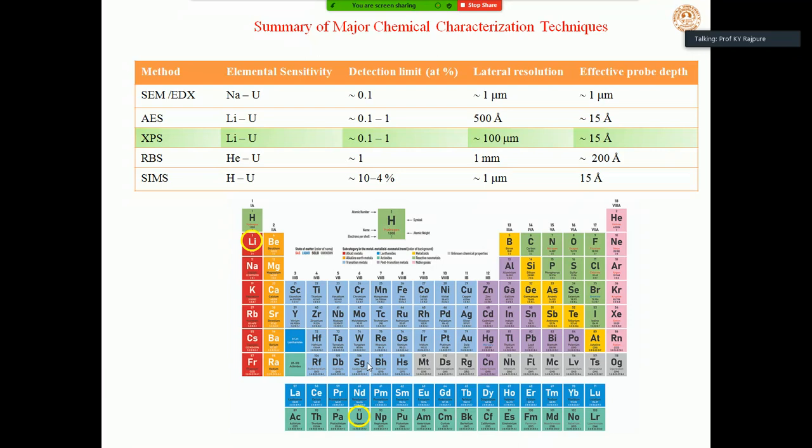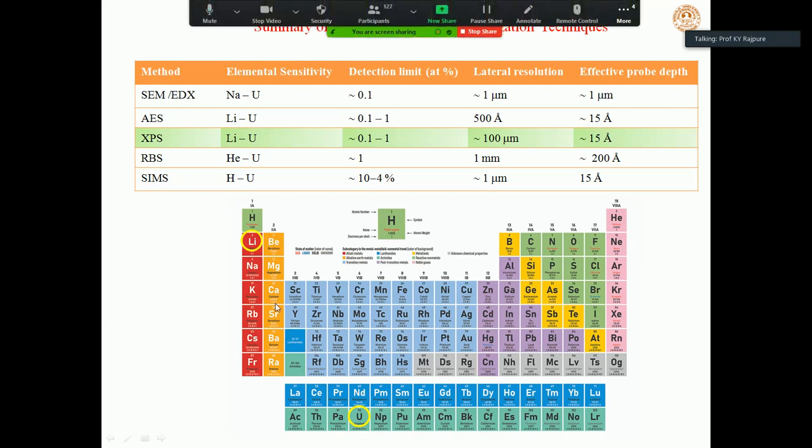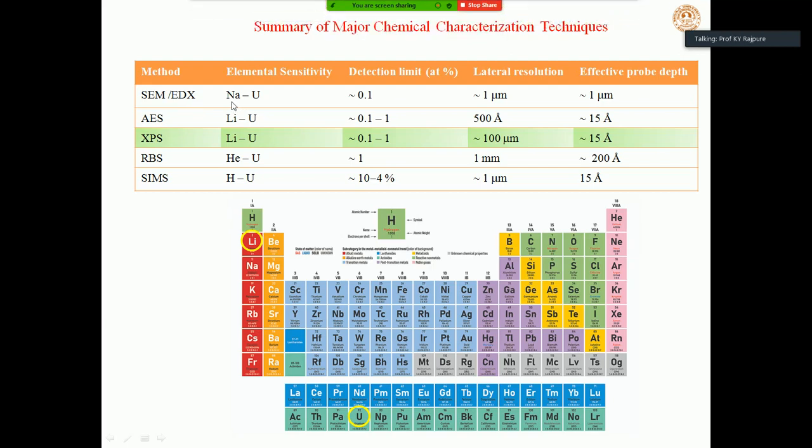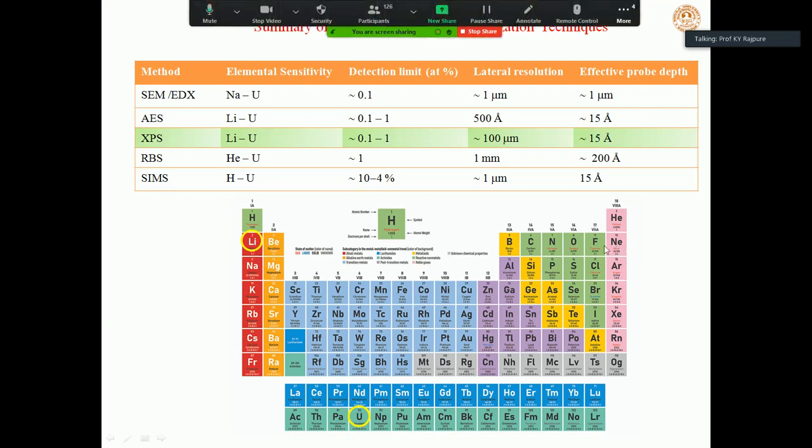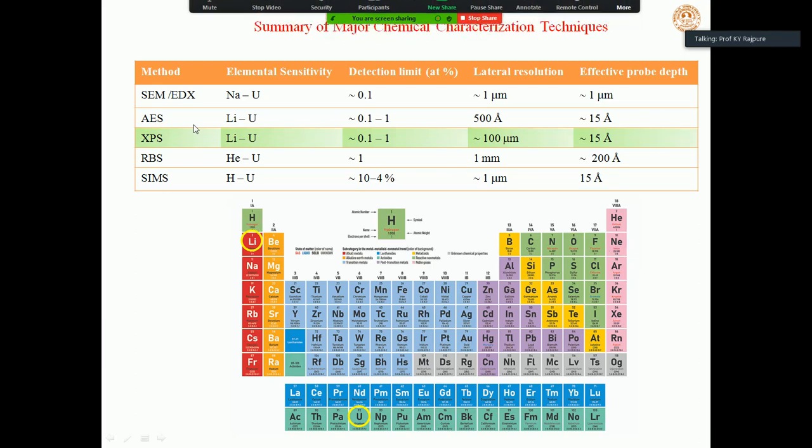Depending on their advantages and disadvantages, the range of elements which they detect is restricted. For example, EDAX is restricted to the range sodium to uranium. You cannot detect the elements from hydrogen up to Ne, and it has its own limitations.